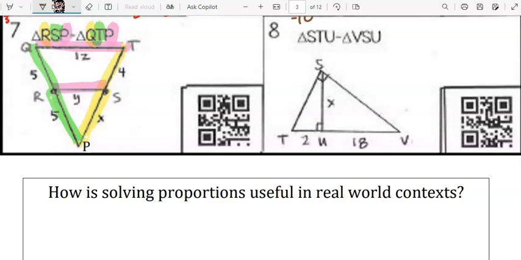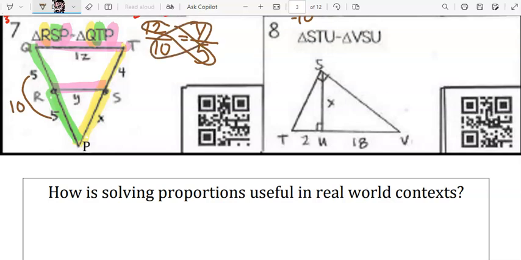Alright, let's solve for y. 12 over 10 is equal to y over 5. And the 10 came from adding these two together. Cross multiply. 10y equals 60. Divide by 10. y equals 6.